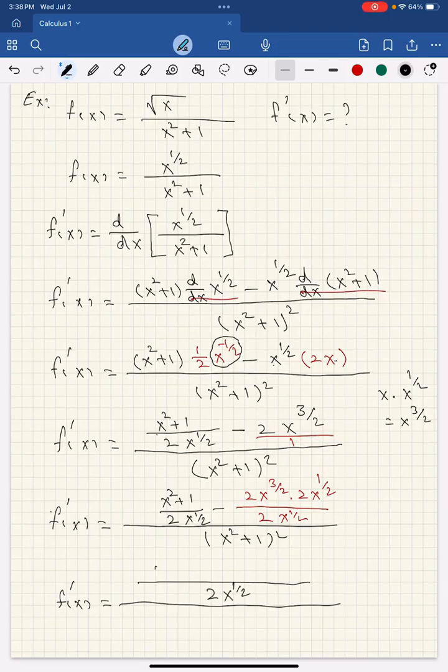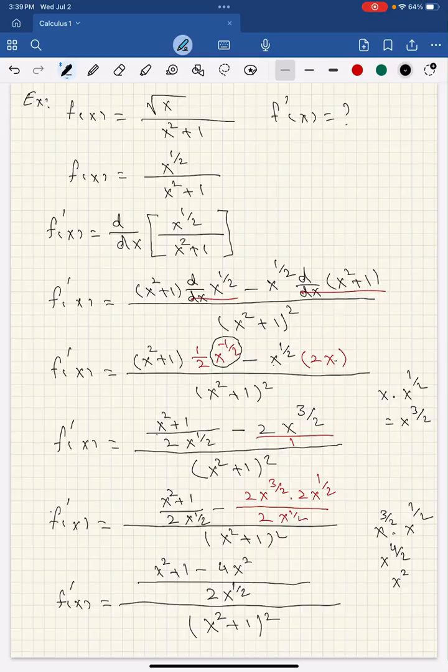Then you get x squared plus 1 minus, if you multiply these two, 2 times 2 gives you 4. Let's check: x to the power of 3/2 times x to the power of 1/2 gives you x to the power of 4/2, which means it's x squared, right? 4x squared over x squared plus 1, all squared.